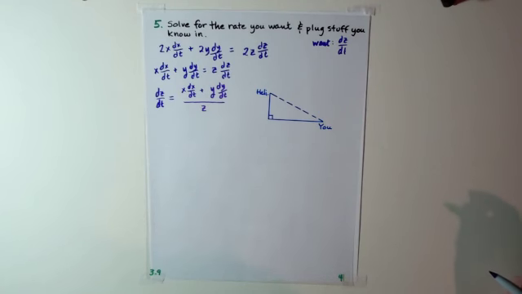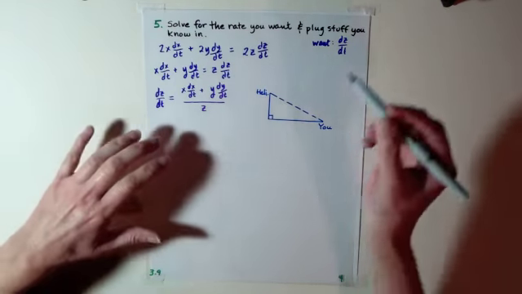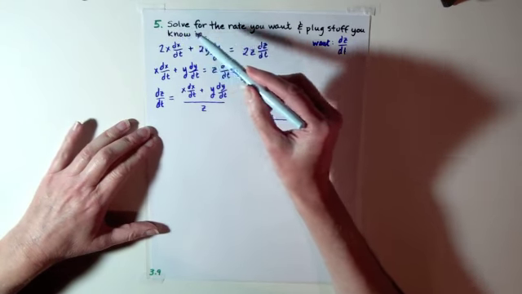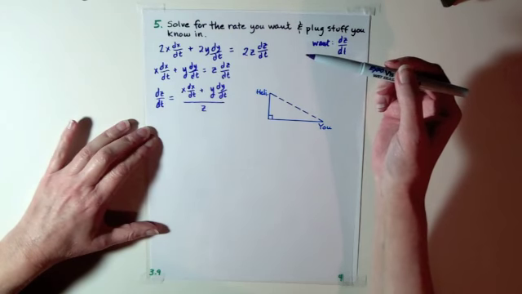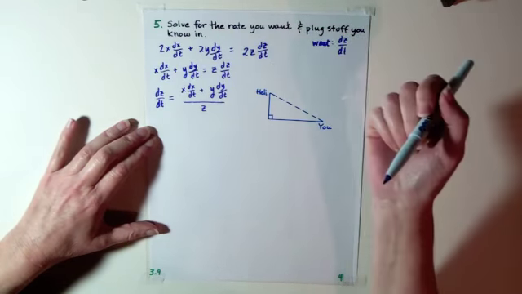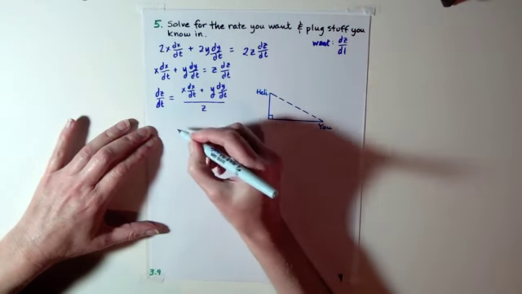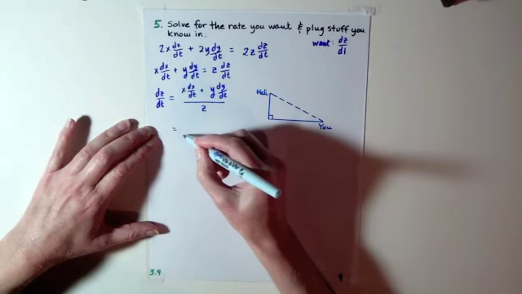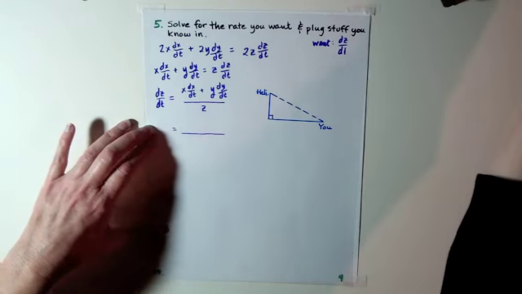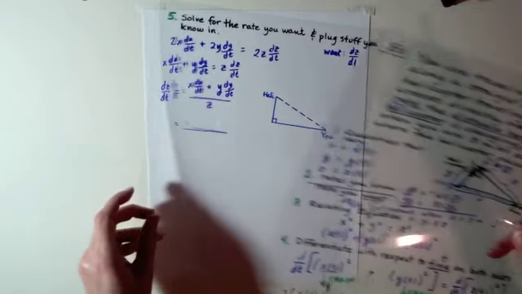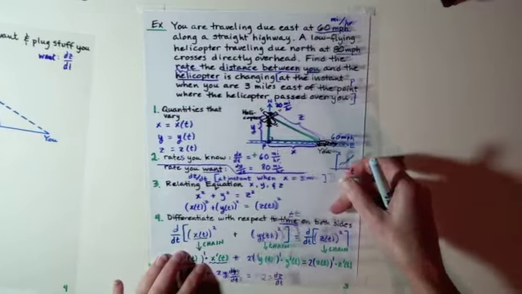Okay, well, remember that in our last example we solved for the rate we wanted. Actually, in the last example, it was already isolated. And then just plug in the stuff you know. Remember that we wanted dz dt at a particular moment in time. I'm going to go back to the previous page just for a moment so that we can check that out.